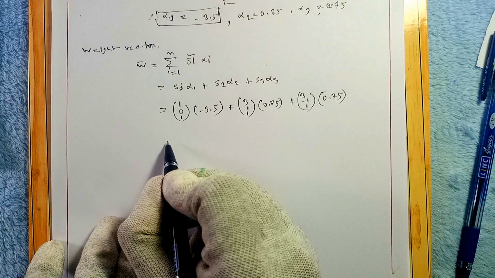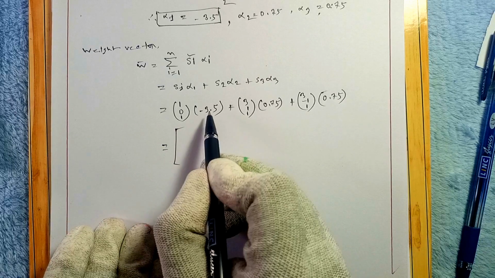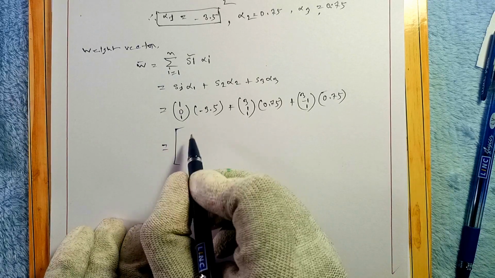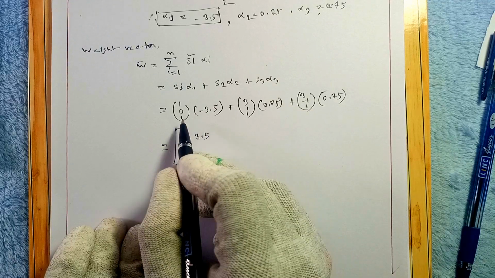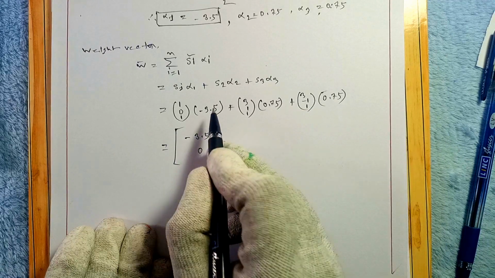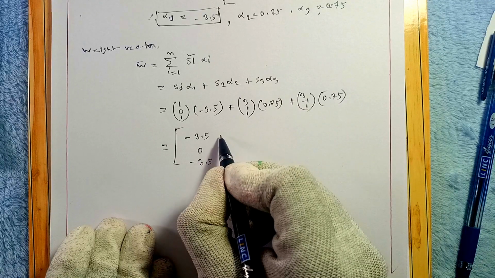From there you can write this: 3.5 into 1, so this is minus 3.5; 3.5 into 0 is 0; 3.5 into 1 is 3.5.